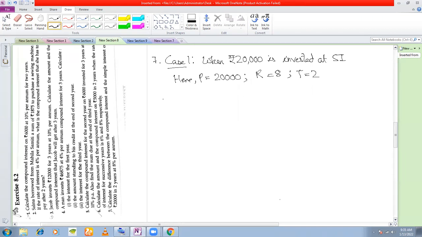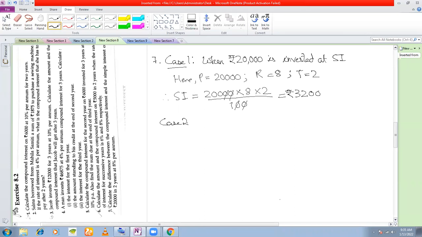Therefore, the simple interest that your friend gets is PRT by 100, which comes to 3,200. This is the interest that your friend is getting because he has invested at simple interest.